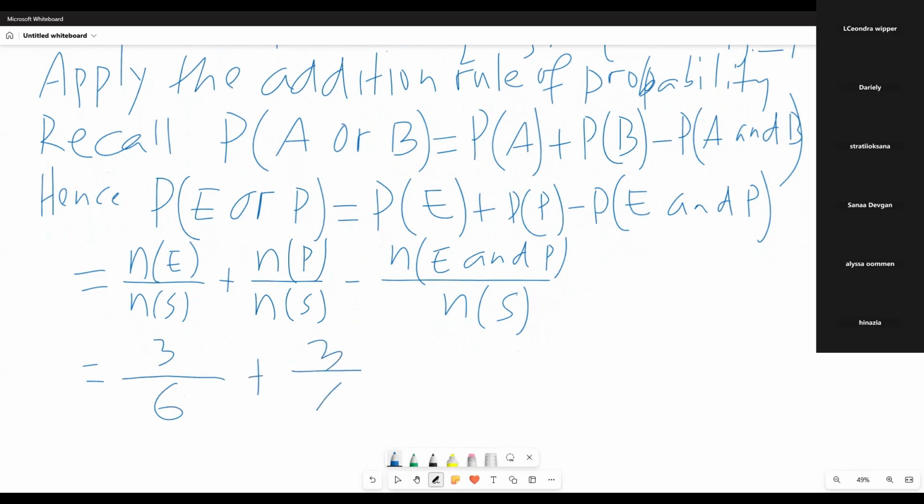That's 3 over 6. And then N of E and P will be 1, that's 1 over 6.